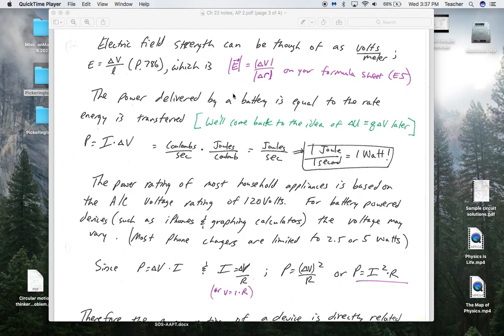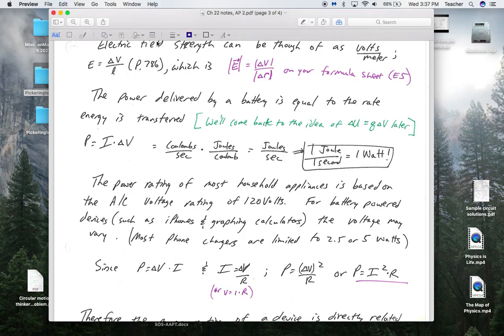If we cancel those out, coulomb cancels out up here, coulomb cancels out down there. We get joules per second, which is 1 watt. 1 joule per second is 1 watt of power.